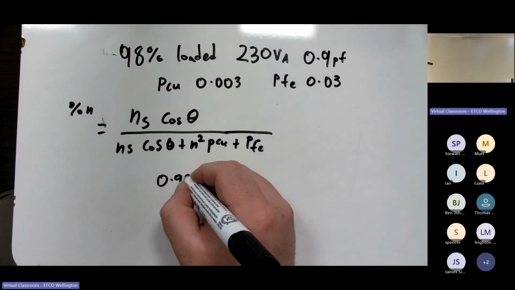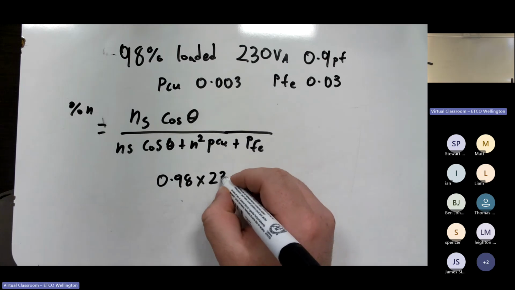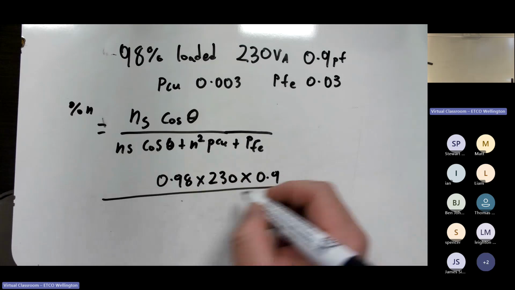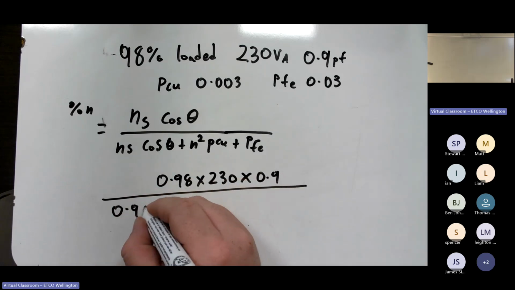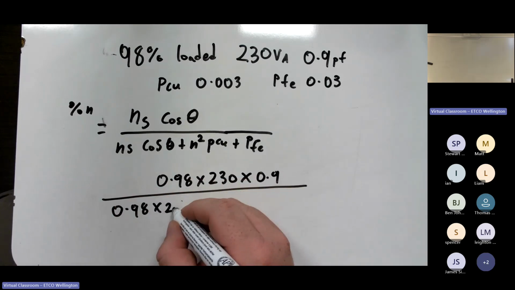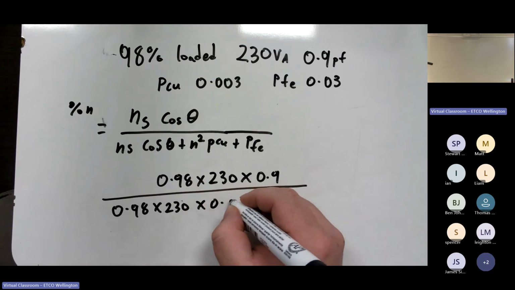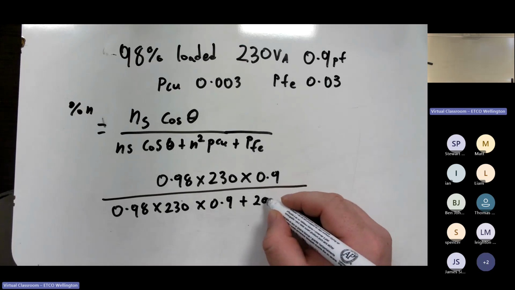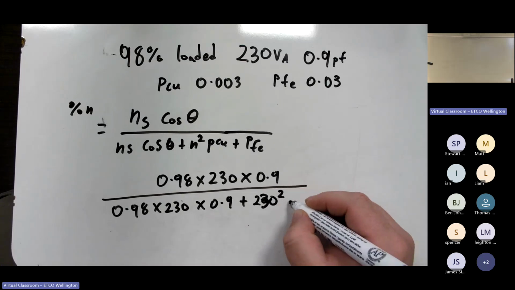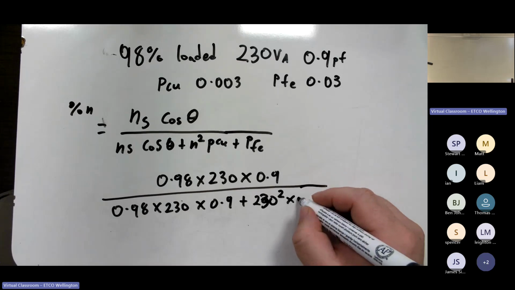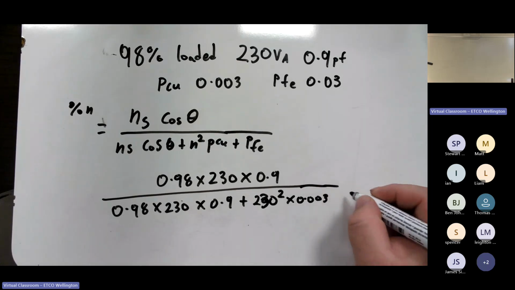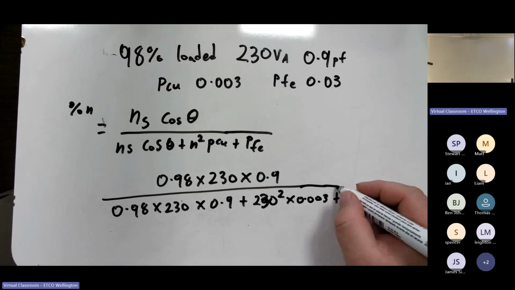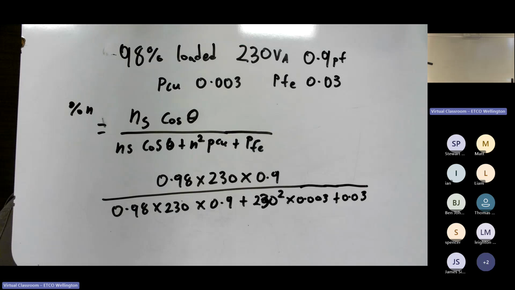So 0.98 times 230 times the power factor of 0.9, which then gets divided by the same 0.98 times 230 times 0.9 plus N squared, so 230 squared times the copper losses, which is 0.003, plus 0.03 for the iron losses. Cool, that's a big number.